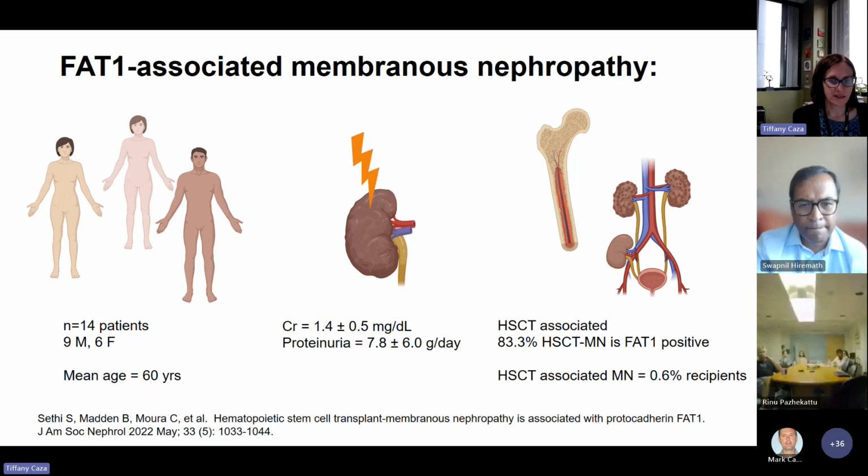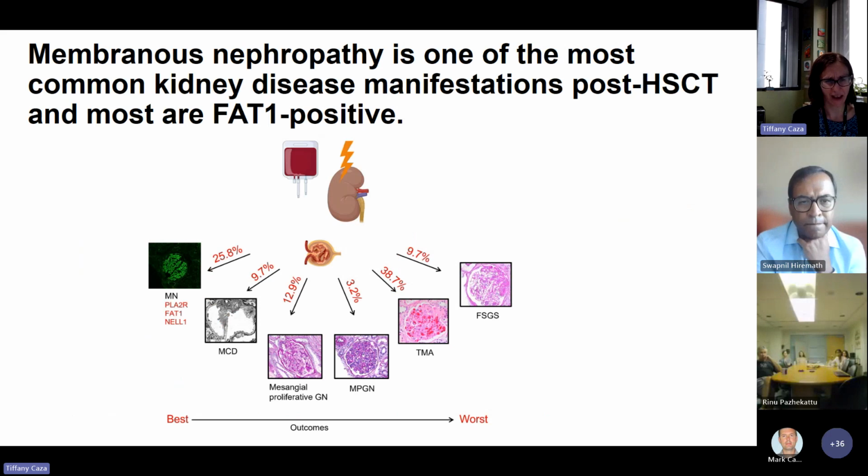And the incidence of hematopoietic stem cell associated membranous is 0.6% of the transplanted population, which is really high. But multiple glomerular diseases are increased in patients who've undergone a hematopoietic stem cell transplant. And membranous is the second most common there, the primary being thrombotic microangiopathy.